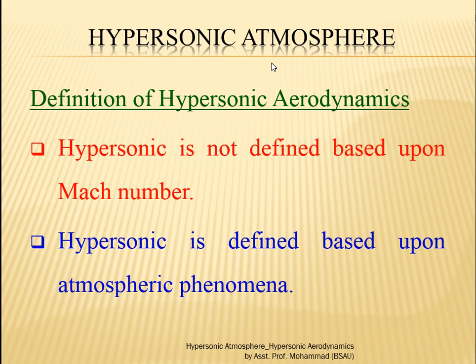If the Mach number is very low and the speed is slow, then it is the subsonic regime. In the subsonic regime, viscosity is the predominating characteristic, and the boundary layer is the predominating phenomenon. These all depend very much upon the Mach number.